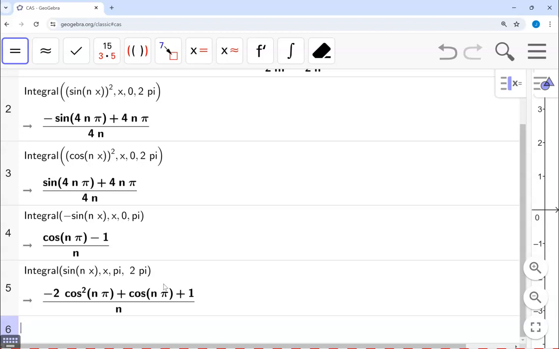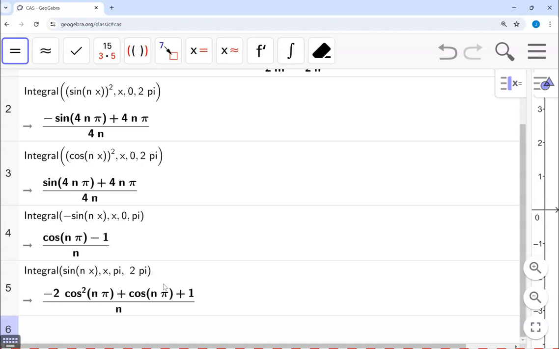Okay. That part's going to be -1 when I put those two pieces together. We also got another -1 here, don't we? And then finally, this part here is going to be just 2 cosine of n pi.